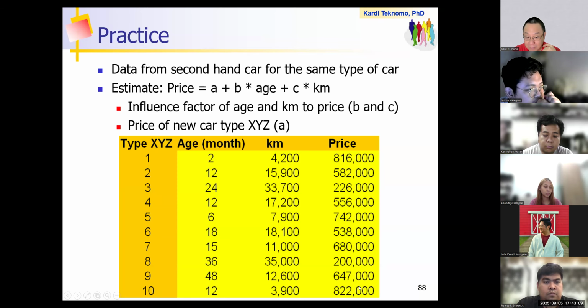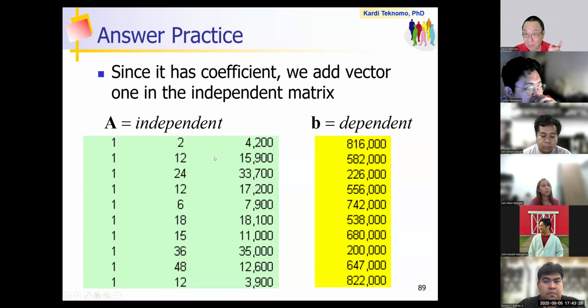Look at this: it is no longer one variable. I have two variables, x, which are the months and the kilometers. I can put this exactly the same into A B equals Y. How?